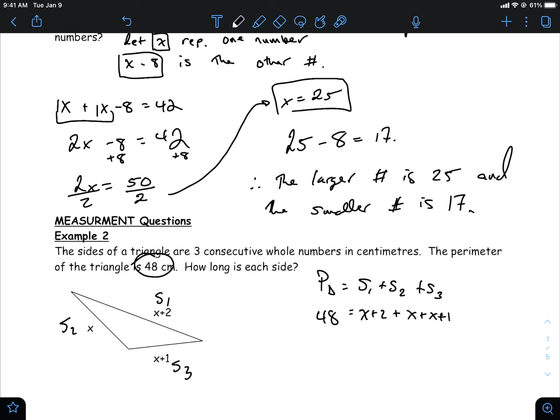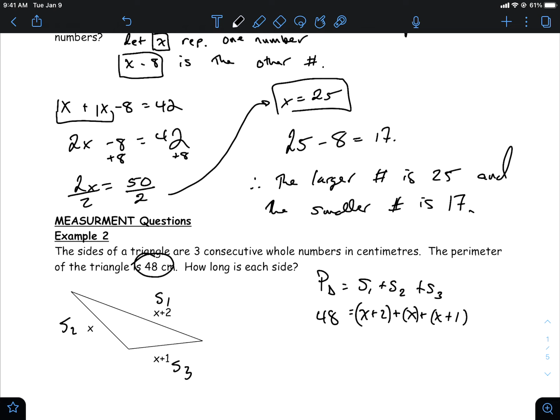I'll put these in brackets so you can see them better, actually. I think anytime you make a substitution for anything, you put some stuff in brackets. Okay? Now, you can get rid of the brackets.